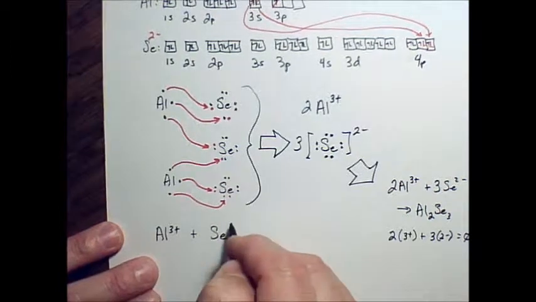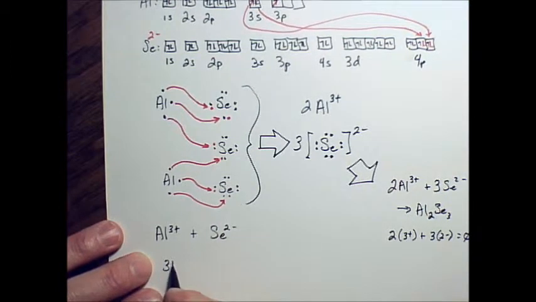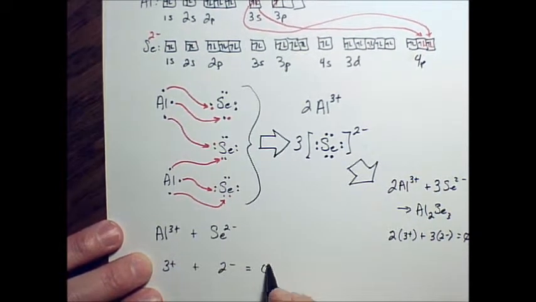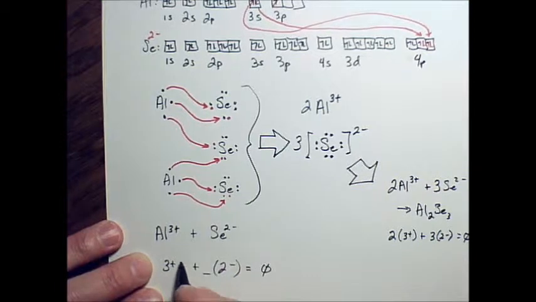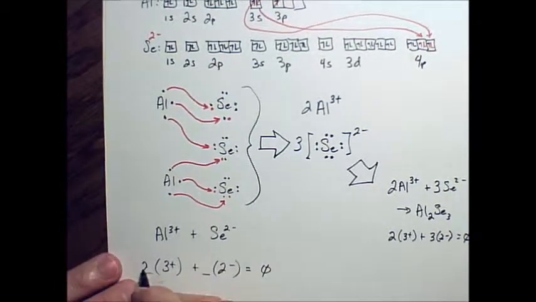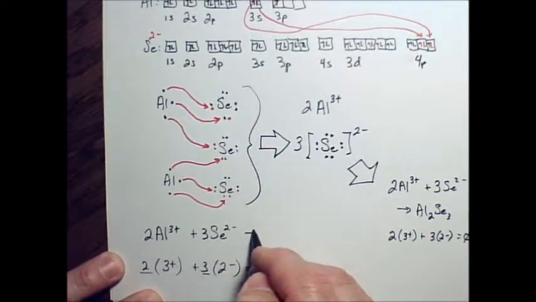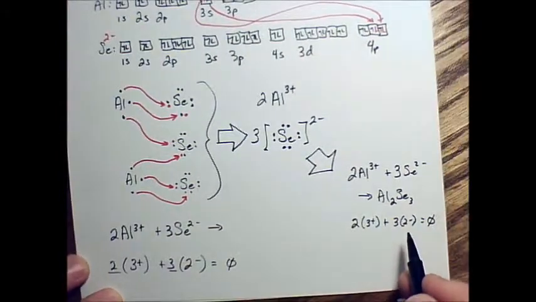So there's a selenium with a 2 negative charge. To make the math work out, we do 3 plus here, plus 2 negative there. We want the whole thing to equal 0. So what we're looking for are coefficients that will make this math problem work out. 2 and 3. And so we put a 2 here and a 3 here. And yes, we pretty much end up with the same thing we ended up with over here.